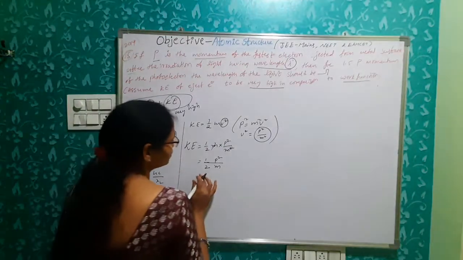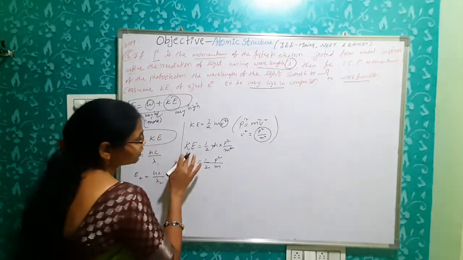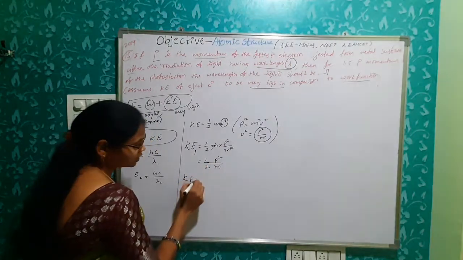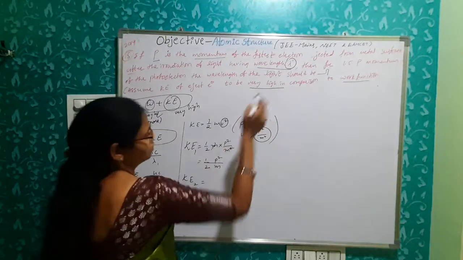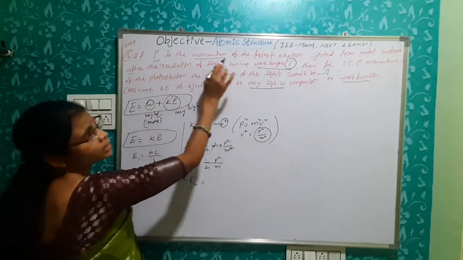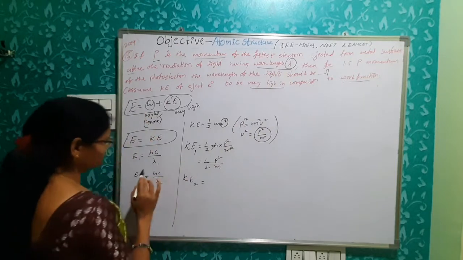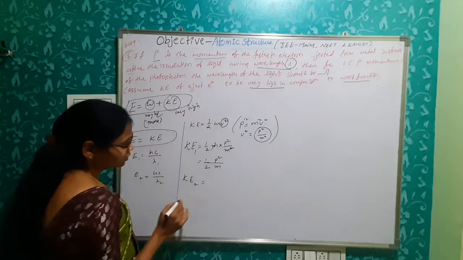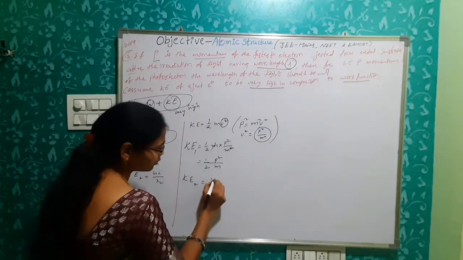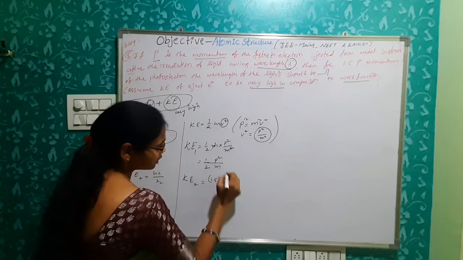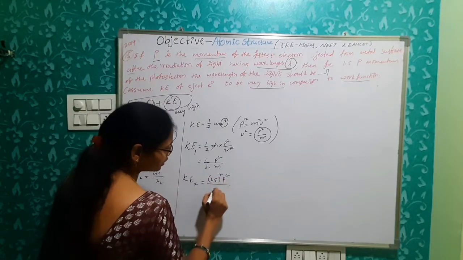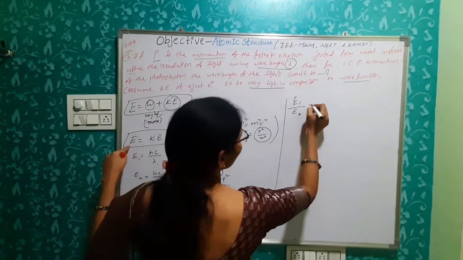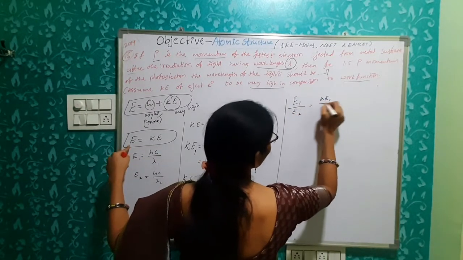See here, this is KE1 for the first condition. For the second condition, KE2, if the momentum of the fastest electron for lambda 1 is p, then for the second condition the momentum is 1.5 p, so 1.5 p whole square by 2m. E1, E2 and KE1, KE2.